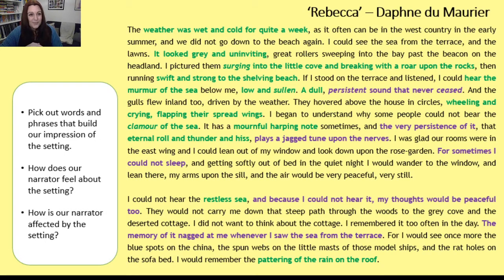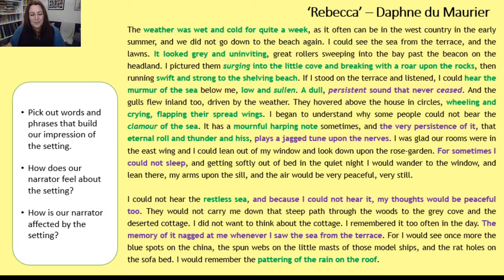It's just persistent, as crashing waves are. And this one, I like this one. You remember that it's described as an internal roll and thunder and hiss. Well, we get this as well afterwards: plays a jagged tune upon the nerves.